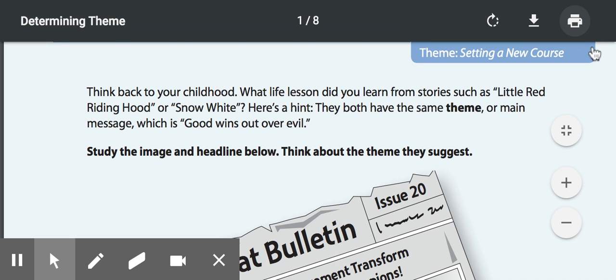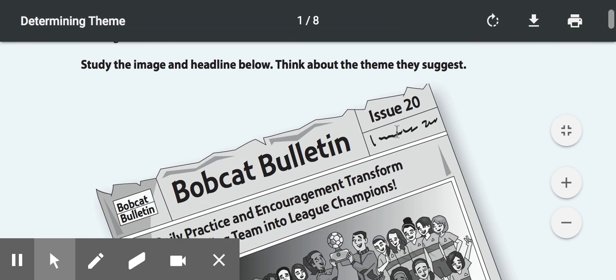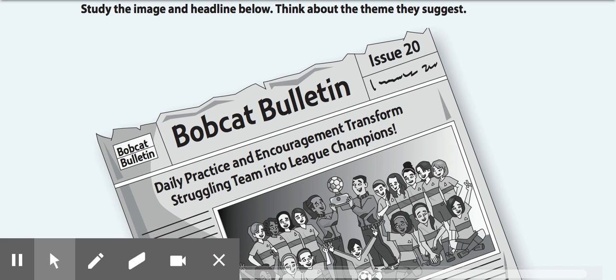What life lesson did you learn from stories such as Little Red Riding Hood or Snow White? Here's a hint. They both have the same theme or main message, which is good wins out over evil. So let's study the image and the headline below.